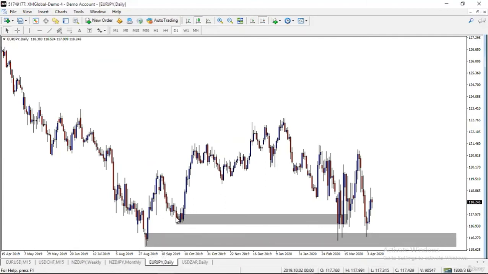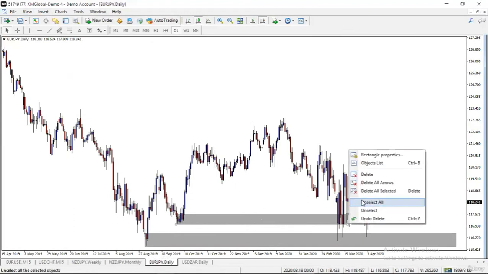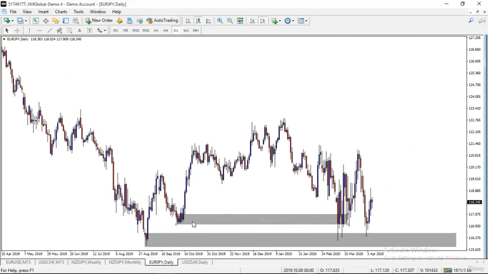There's a support. This is also another support, but price just went through the support like it wasn't there. So it just means that you didn't have enough buyers here. You didn't have enough buyers who were interested in buying, so you mustn't be emotional about such. Or they were still going for a much lower, much cheaper price.